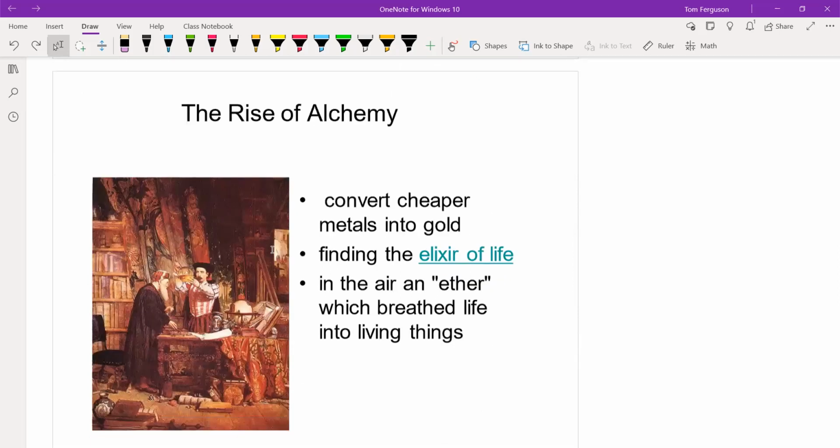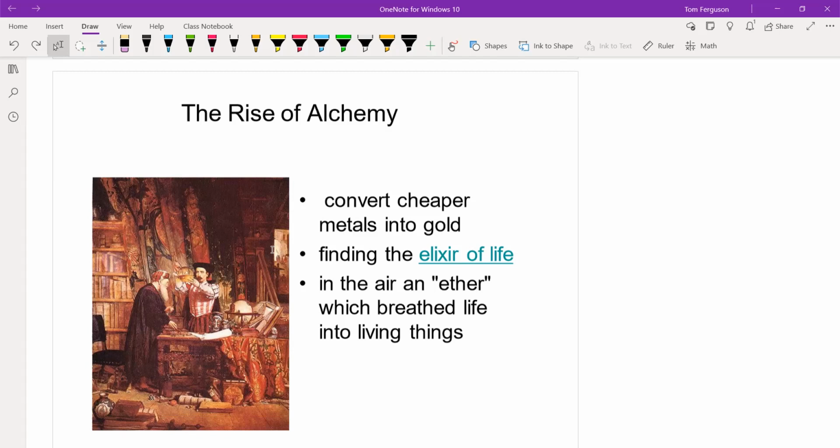Now, alchemy was widespread, particularly in Europe, probably from 1600 back.